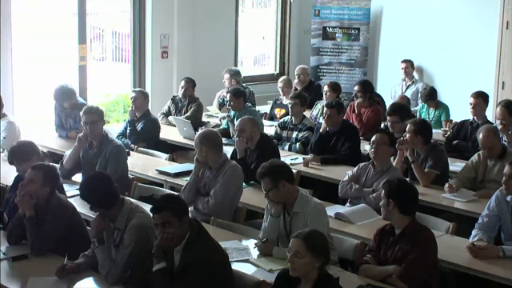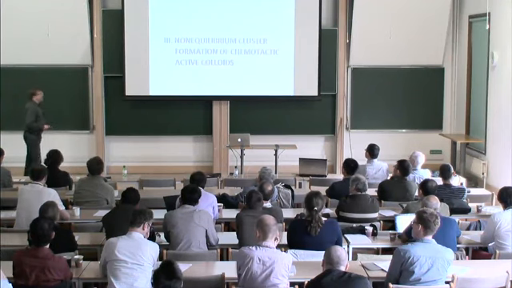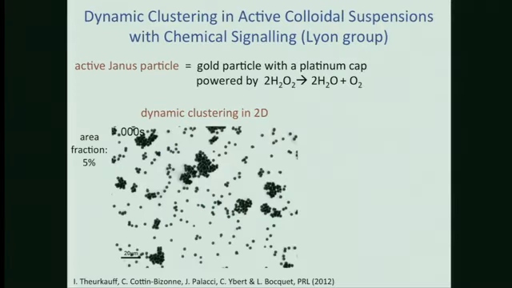Okay, good. I think I still have time. Let me come to my third part, and the third part is motivated by these experiments in the group in Lyon by Liederig's group. They do experiments with active Janus particles.